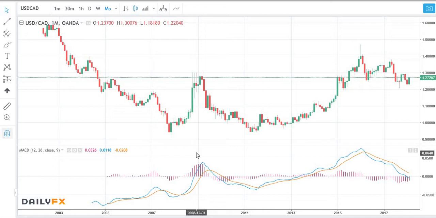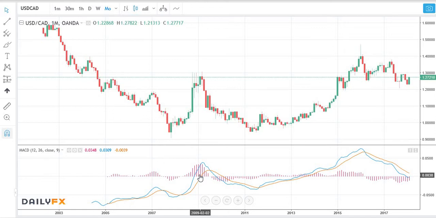Now, just looking at it with the naked eye, you say, ain't much there, right? But when you bring in the MACD, and the reason why I love this indicator so much is because it really gives you a sense of where the market is at. What I mean by that is whether you're in bull market territory or still in bear market territory.